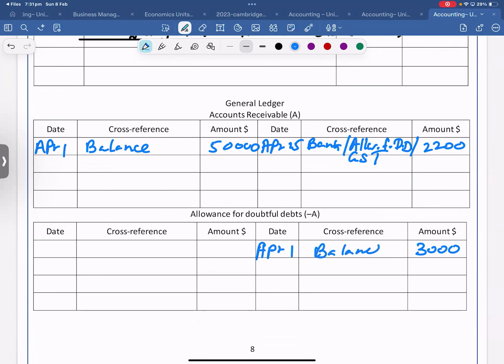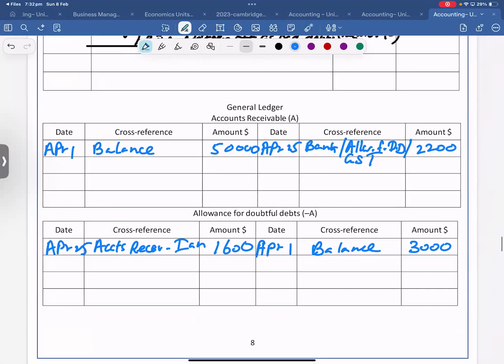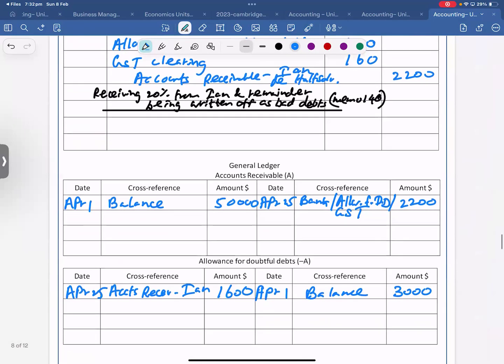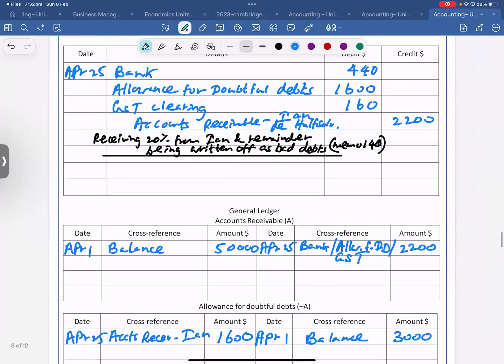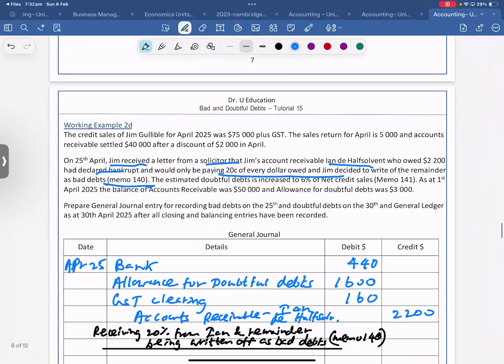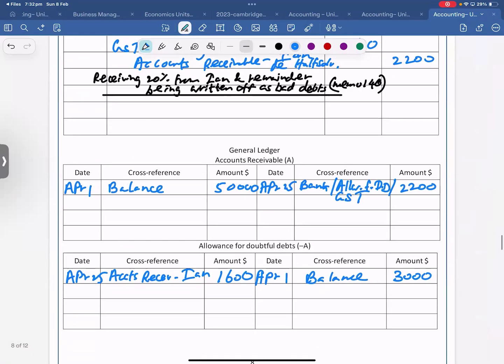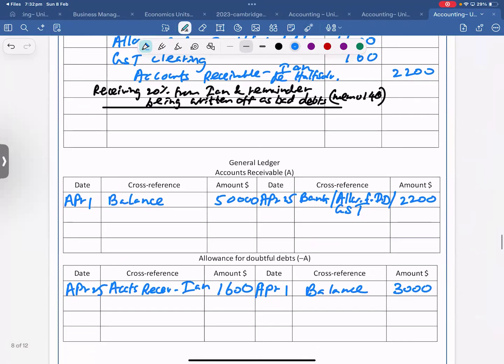And then you are debiting April 25th, how much? 1600, accounts receivable. And then the remainder is as it is. Net credit sales is, wait, sorry. Accounts receivable here.